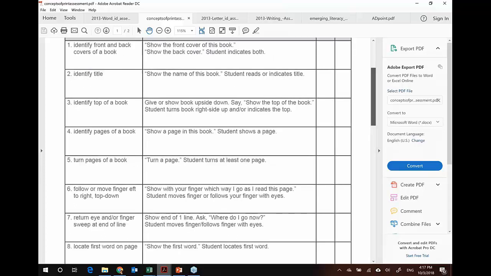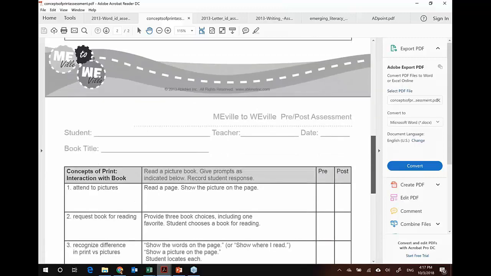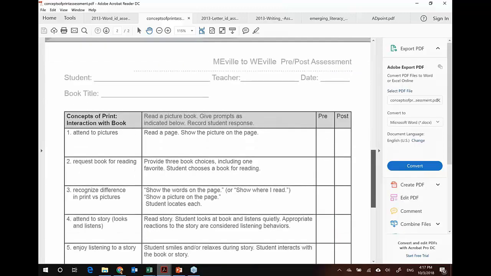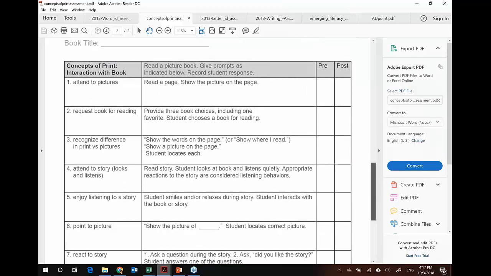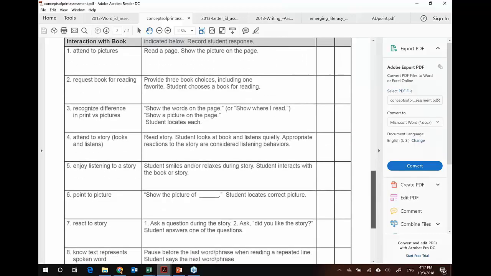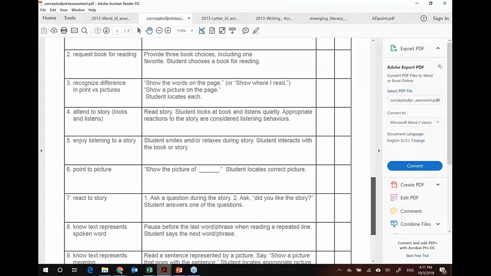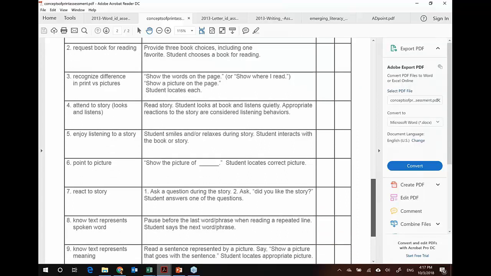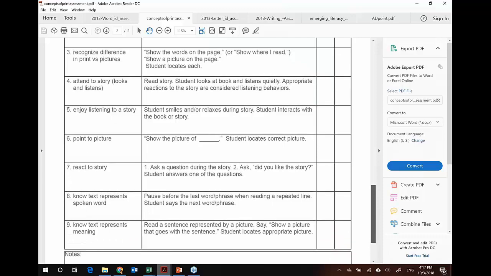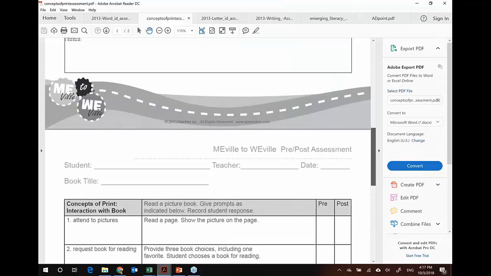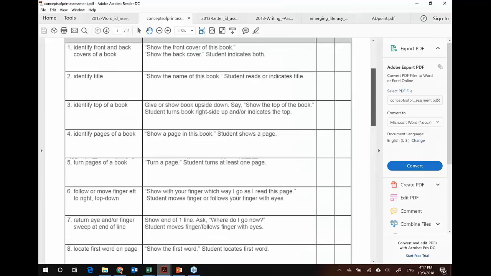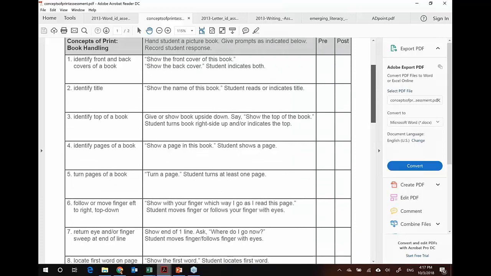So we have book handling skills, and then on the second page we have interaction with book skills. So things like attending to pictures, requesting a book for reading, recognizing the difference between print and picture, and so on. And again, prompts are given to determine if your student understands these important concepts of print skills.